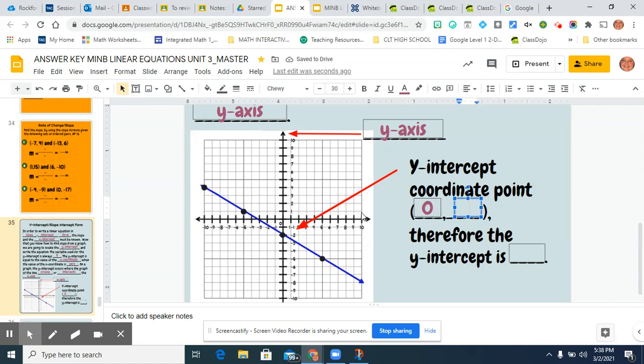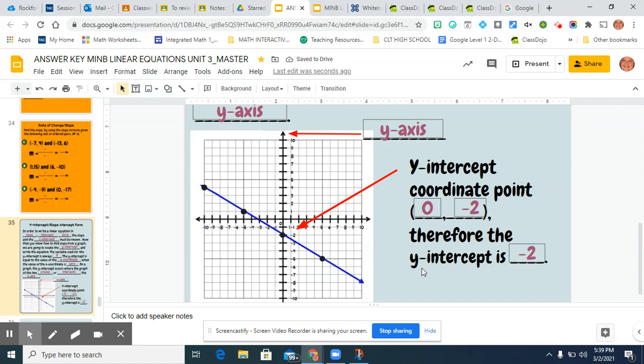Then the y-coordinate value is the distance, or number of units, away from 0 that your line crosses. It's below 0, so it's going to be negative, 1, 2 units. So the location of this point is (0, -2), and we say the y-intercept is -2.